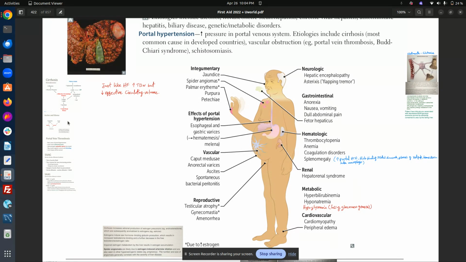Okay, and there will be increased bilirubin. So you should remember that due to synthetic dysfunction in cirrhosis, there is decreased albumin, increased prothrombin time, and increased bilirubin. Okay, now let's talk about ascites.